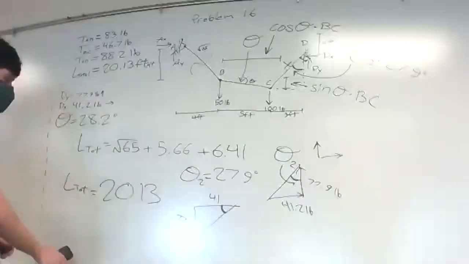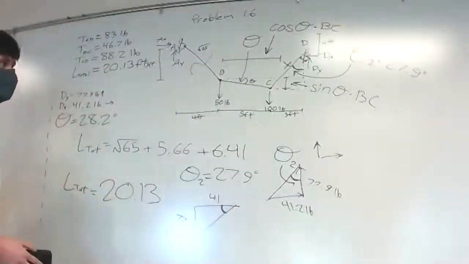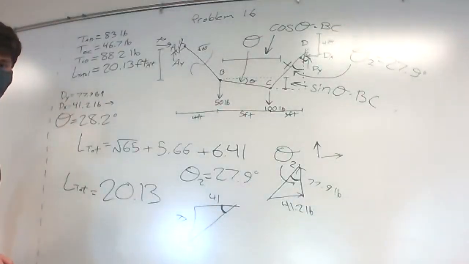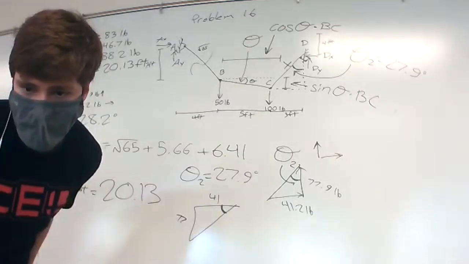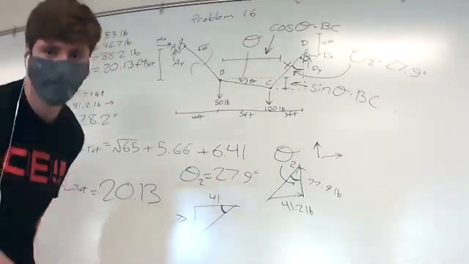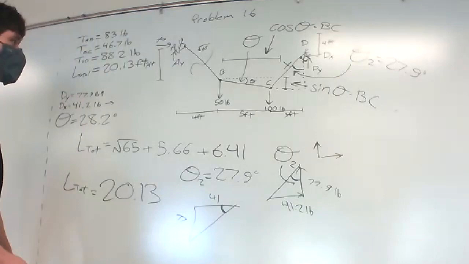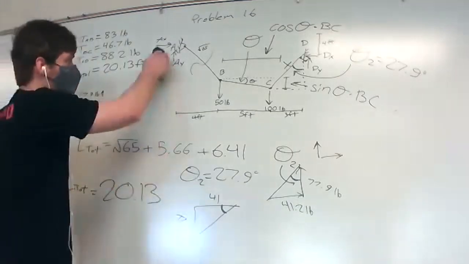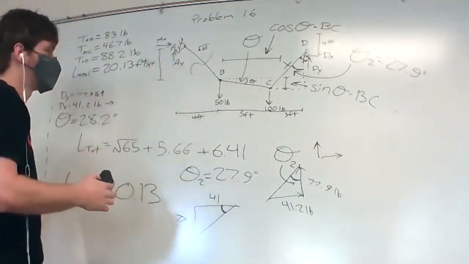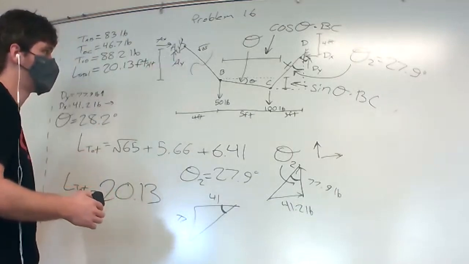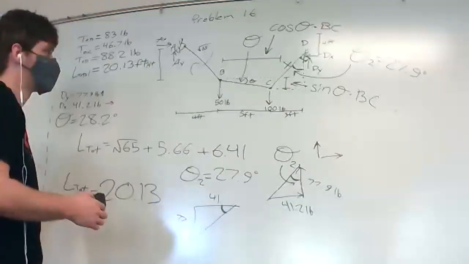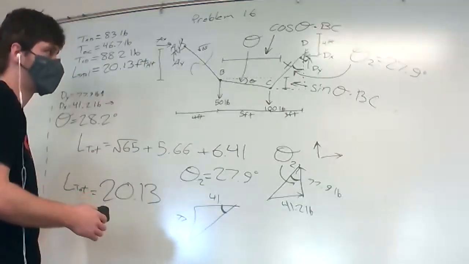Also, to find DC, last question: we know A to B is 7, right? And D to B is 3, right? Sorry, say again? We know that from A to B is 7, and the vertical distance from A to D is 4, which means D to B is literally 3.